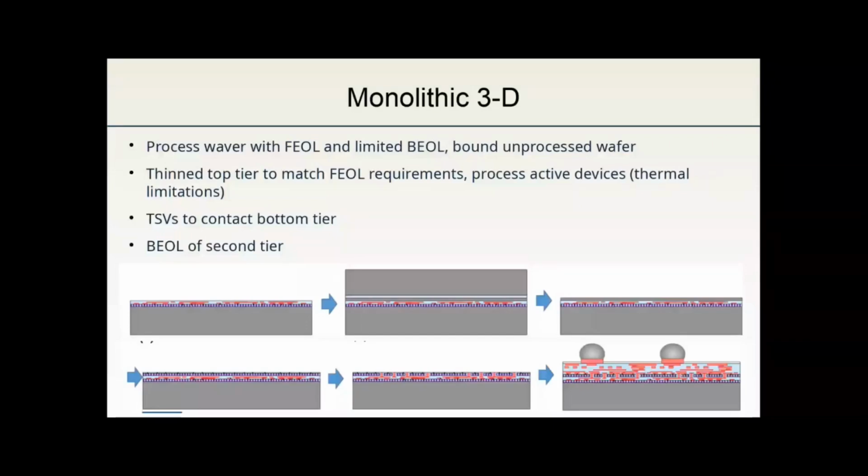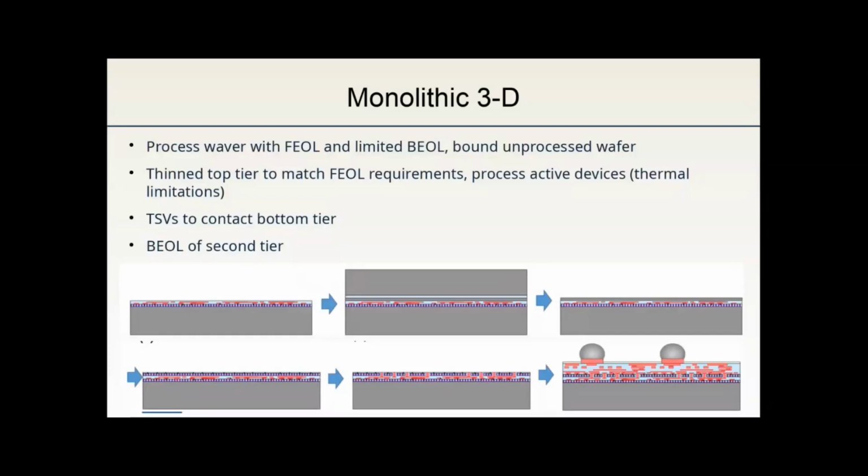After that, we can thin the upper tier, and fundamentally, we will get the layer where we can implement the transistors. In the next step, we will start implementing the transistors of the upper tier.